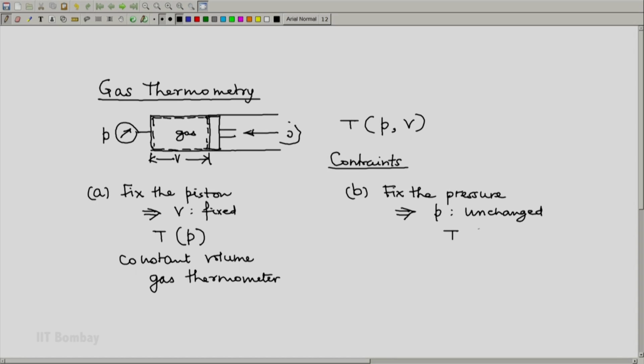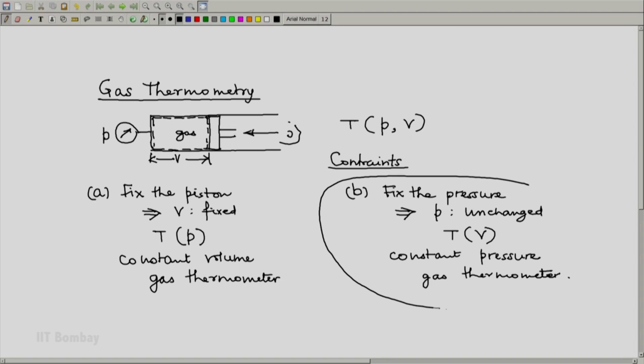So temperature can then be defined as a function of the volume, and this scheme leads to a constant pressure gas thermometer. Considering the ease of measurement and the required or obtainable accuracy, the constant pressure gas thermometer is considered a better scheme than the constant volume gas thermometer.